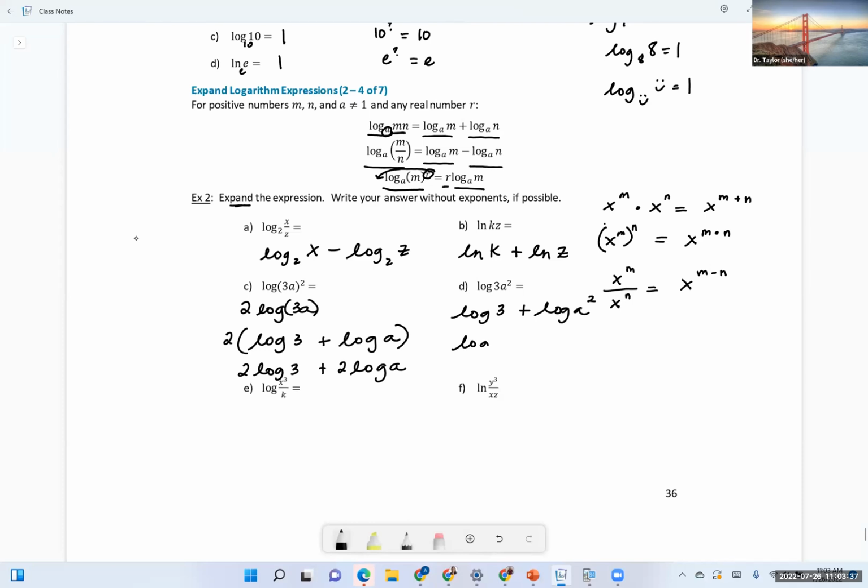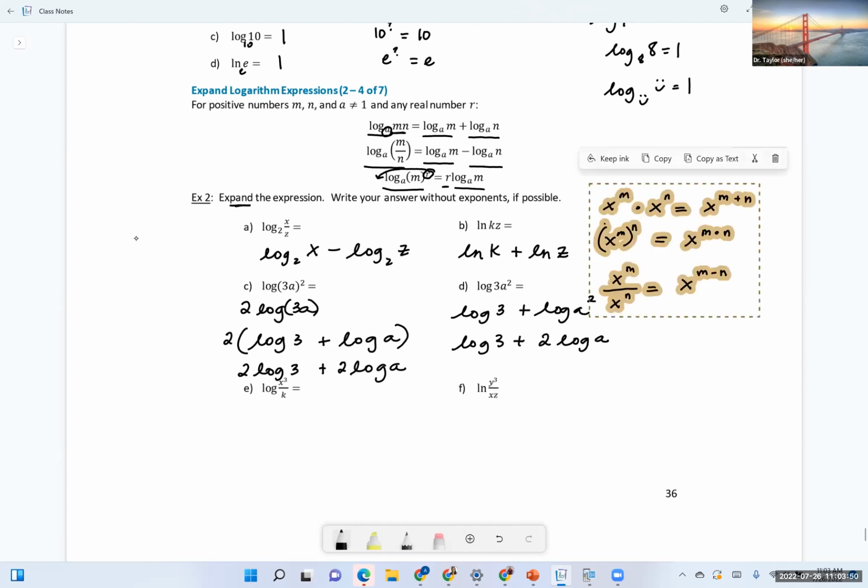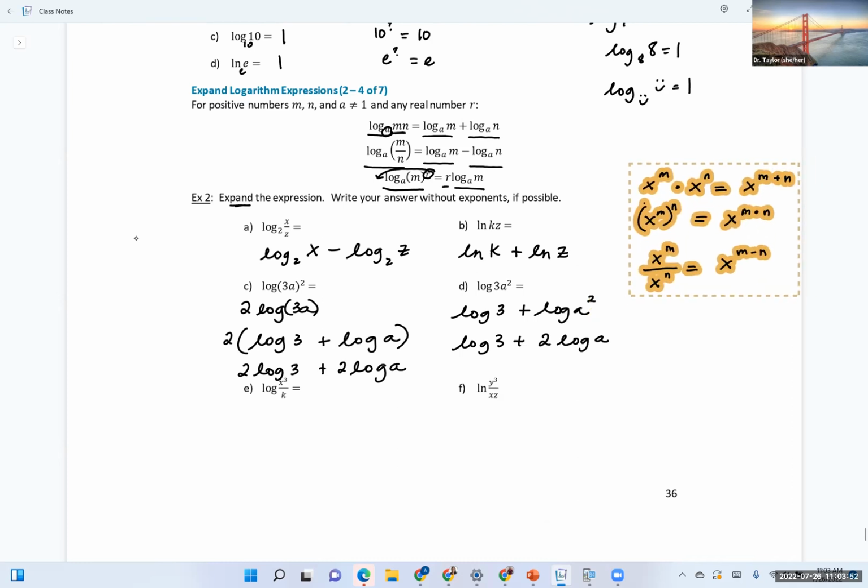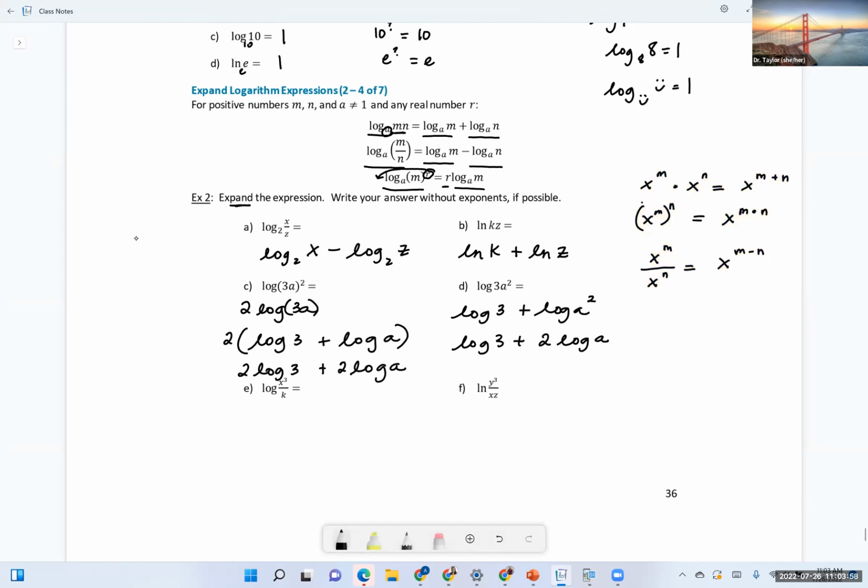And now when I write out the final expanded form, I have 2 log a. Any questions? Y'all understand the difference between C and D?